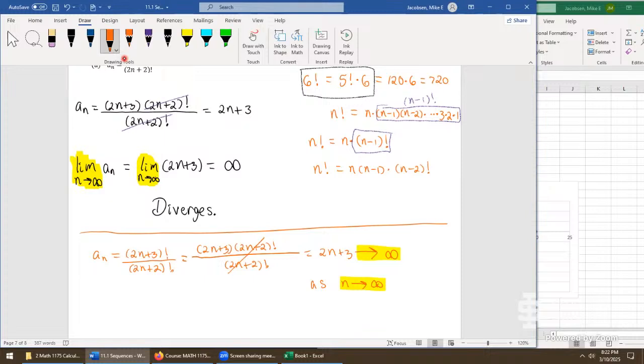So this is just another stylistic way to express correct limit notation.